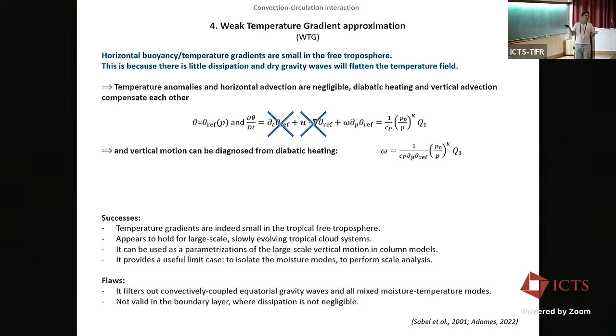So the idea is that you can assume then that you have maybe vertically homogeneous divergence or convergence in the boundary layer, but then the intensity of that is going to depend on where you decide that the top of the boundary layer is, where you decide that you stop using WTG. And apparently, in Gilles' case, we could actually apply it quite low, like down to the boundary layer cloud base. But that varies with the altitude of the cloud base.